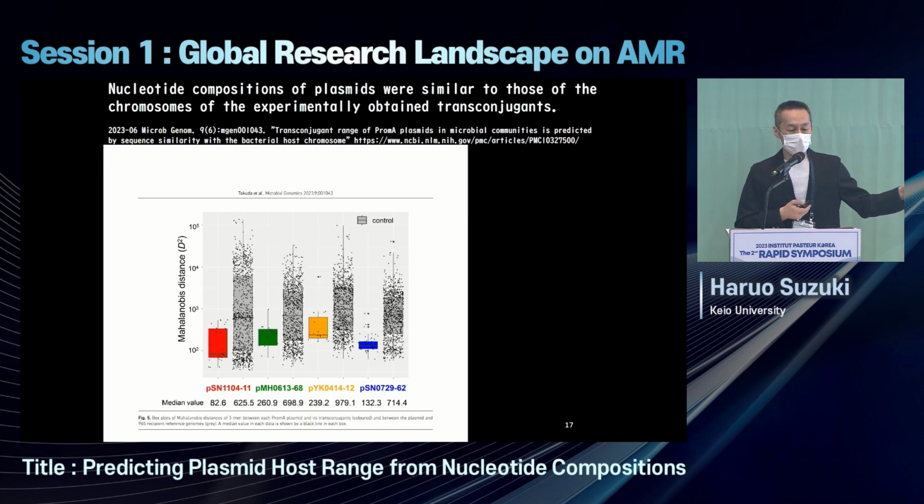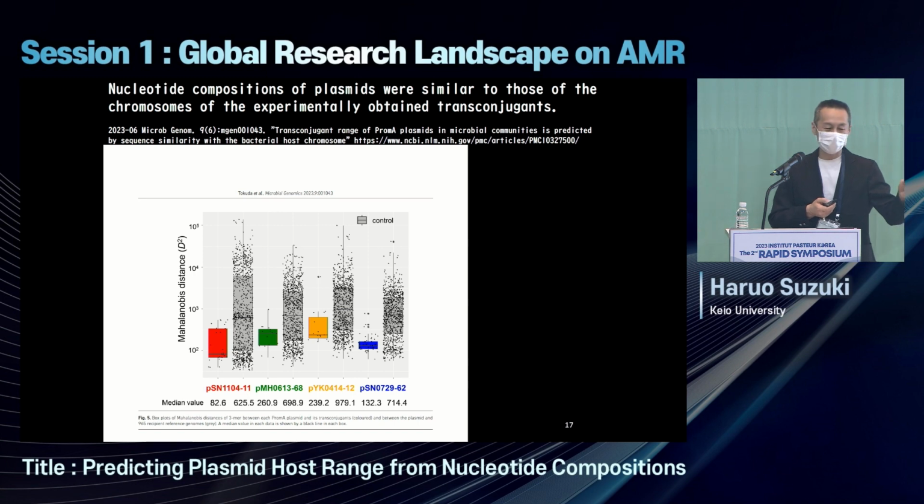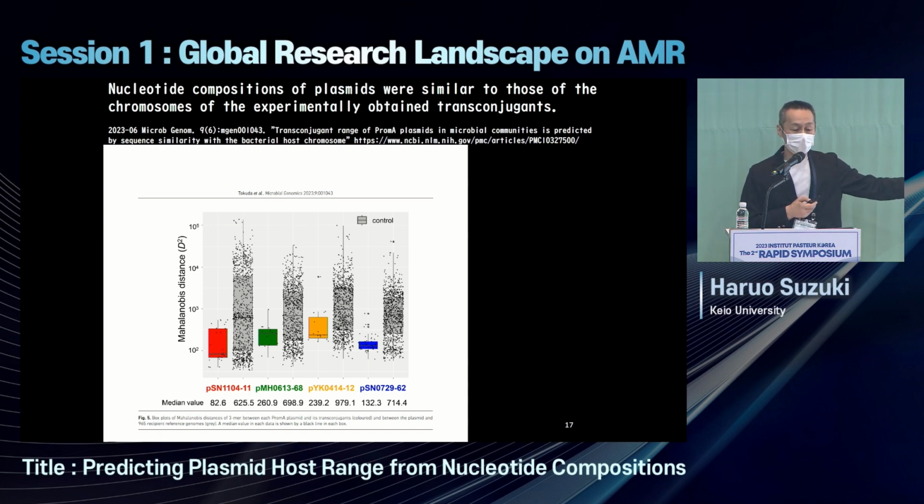This box plot shows the Mahalanobis distance between plasmid and bacterial chromosome. The colored box plot indicates dissimilarity in nucleotide composition between plasmids and transconjugants. The gray box plot indicates the Mahalanobis distance between plasmids and non-host chromosomes.